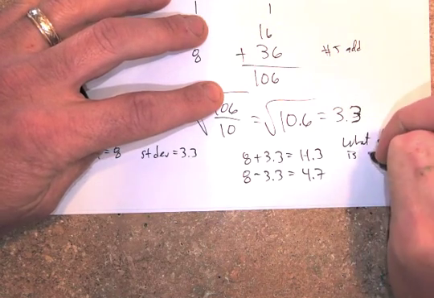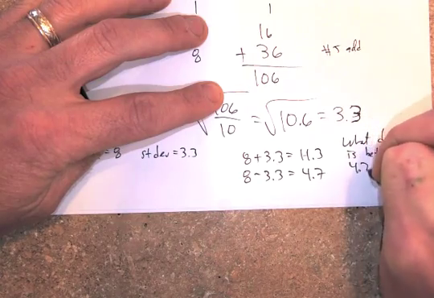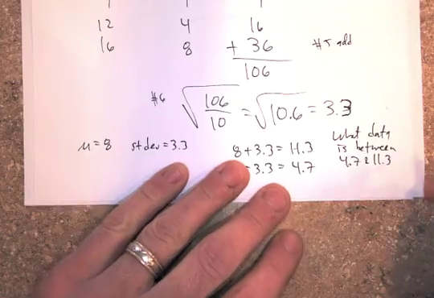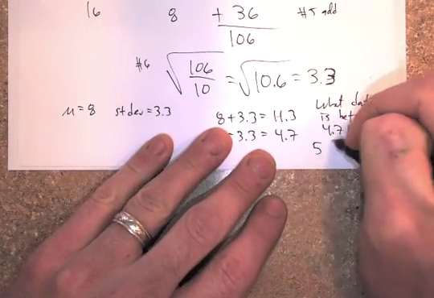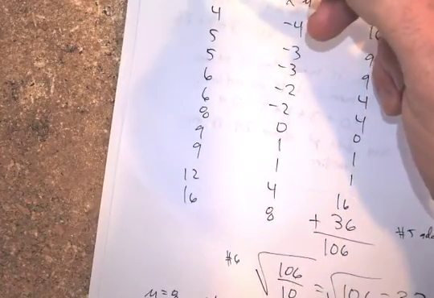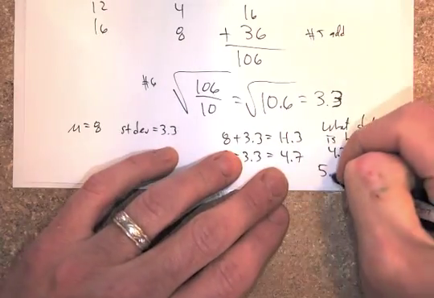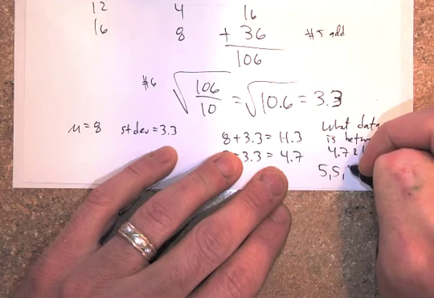Okay, so the question is, what data is between 4.7 and 11.3? Okay, so go back up to your list of data and we'll list them out. 5 is between. I'm looking at my list of data here. 5, the other 5 obviously. The 6's are between, the 2 6's.